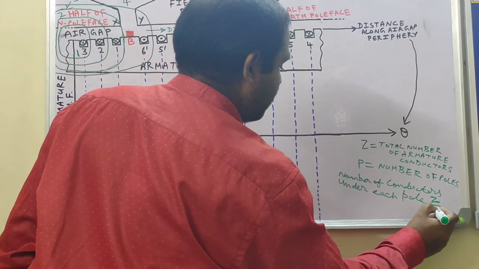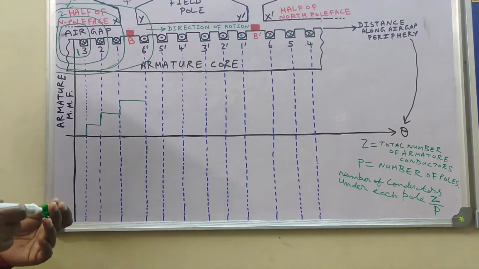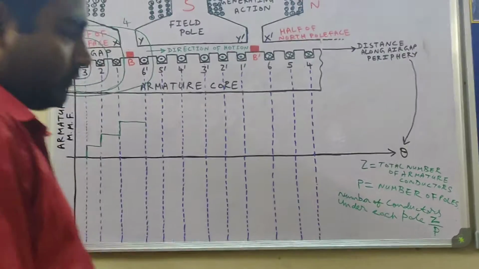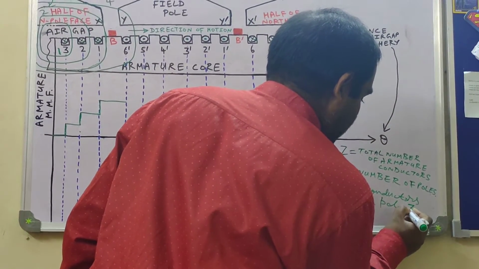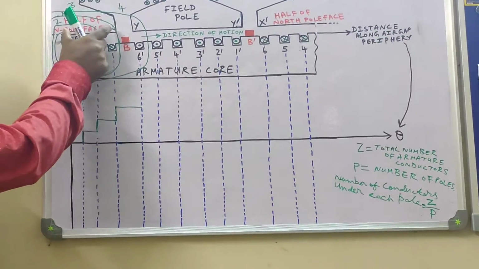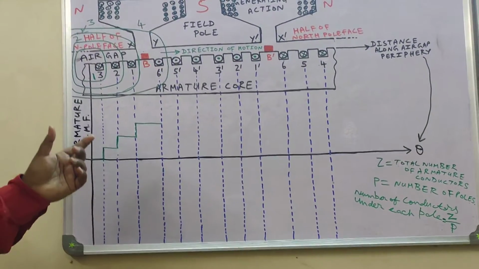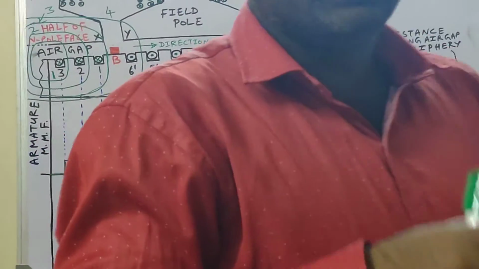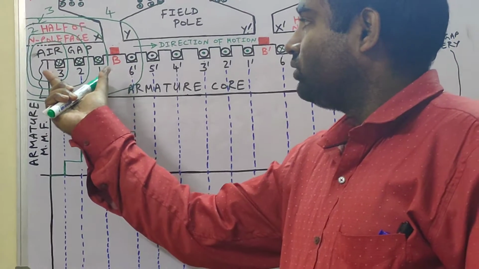So the number of conductors under each pole is Z by P. Now over here you can see that half of the north pole face is spanning over these 3 slots, that is slot number 1, 2, 3.